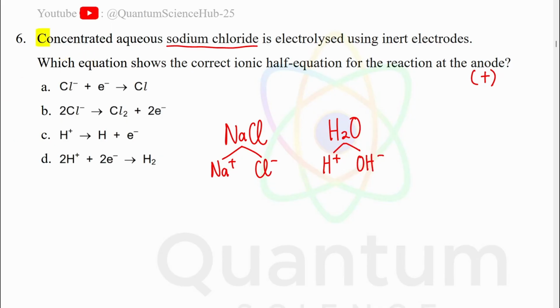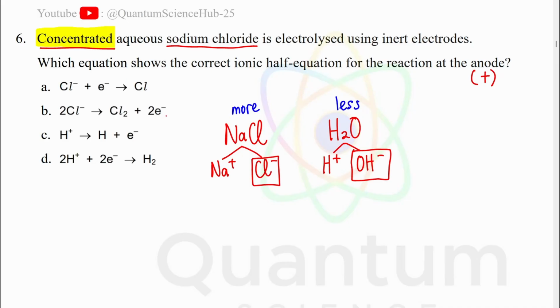Now, please take a look at the question one more time. It is concentrated, right? So that means you have more sodium chloride than water. Concentrated means it contains less water. So the water here is less and you have more NaCl. So who will be attracted to a positive electrode? Negative ions, right? So you can choose between Cl⁻ or OH⁻. But the question here is concentrated.